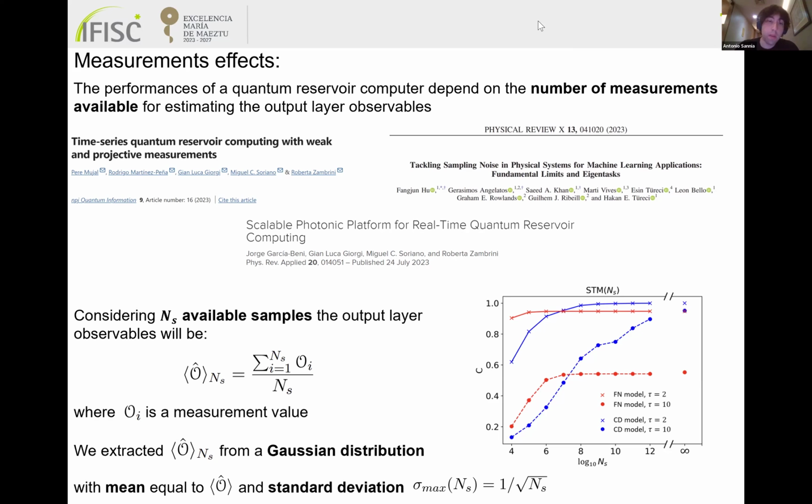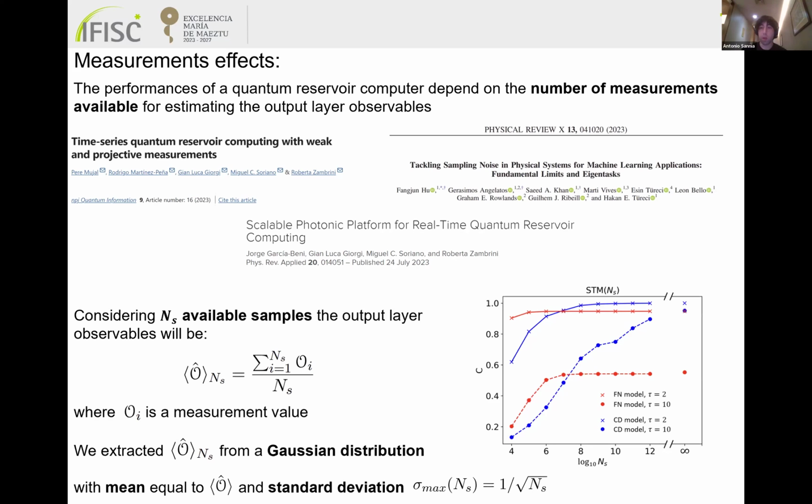We implemented the shot noise effect, considering that our output layer is composed of a value extracted from a Gaussian distribution, whose mean is the real value of the observable, and whose standard deviation is 1 over the square root of the number of samples available.